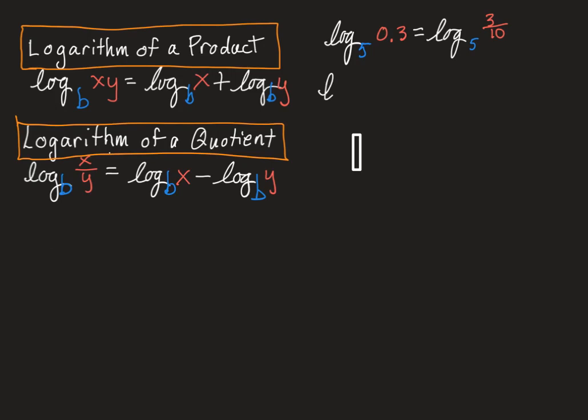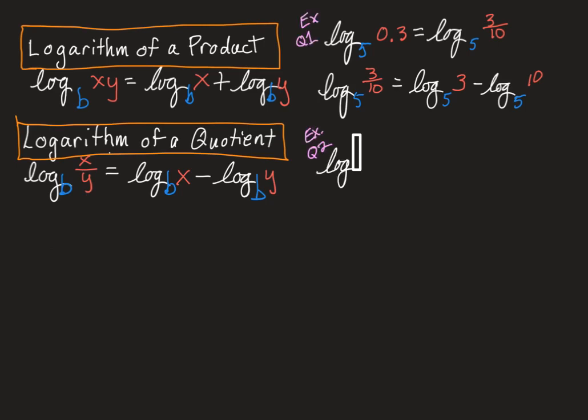So the log base 5 of 3/10 is equal to the log base 5 of 3 minus the log base 5 of 10. Not terribly impressive, right? But what if this were a slightly different problem? What if we had started with the log base 5, not a decimal, let's start with 3/25, with an actual fraction that's easy to see.